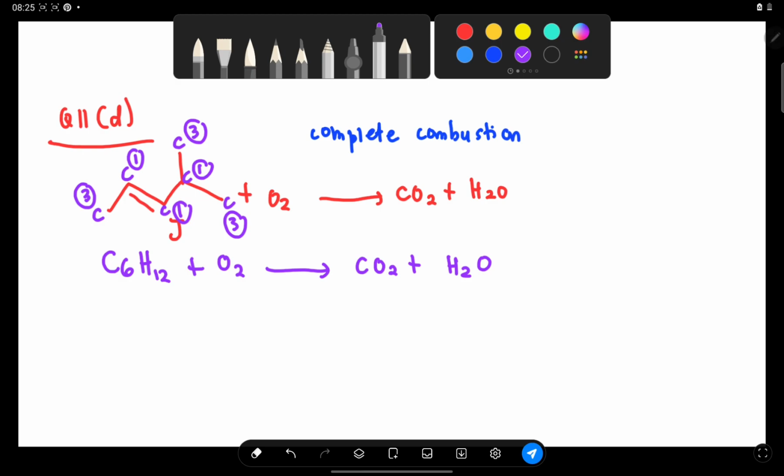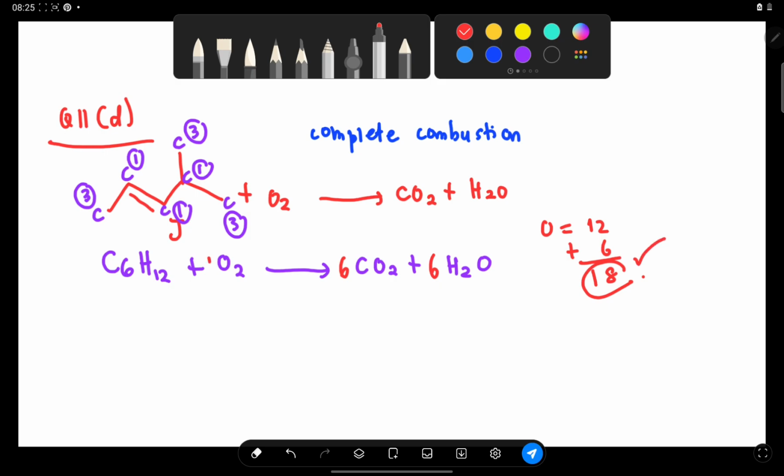C6, so put 6 here. Oxygen: 6 times 2 is 12, plus 6, so 18.